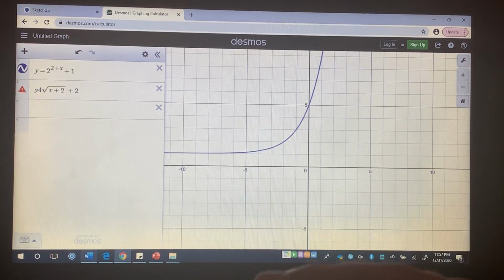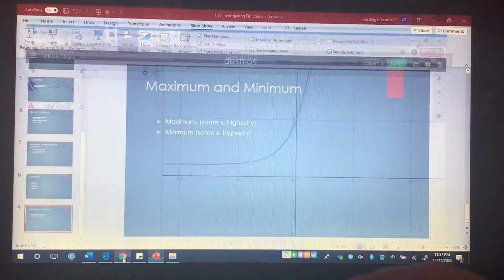This is exponential. Over here, domain is just going to be negative infinity to positive infinity, because it's always increasing toward infinity as x increases, and always getting closer to negative infinity as x decreases. Sorry, dang it.